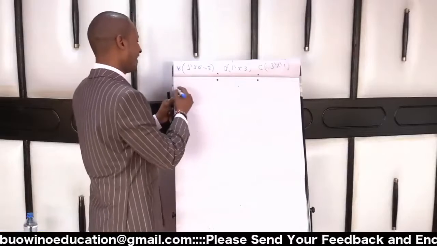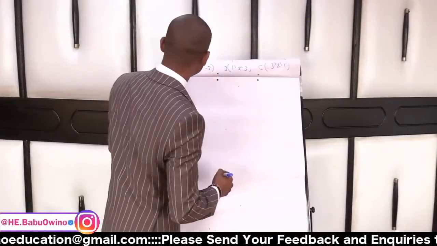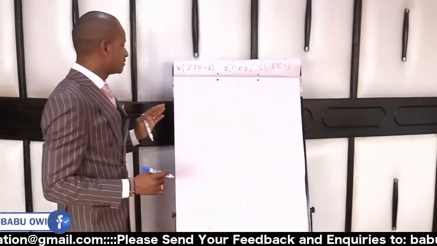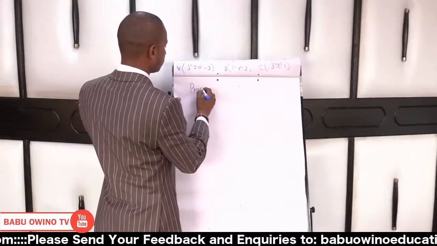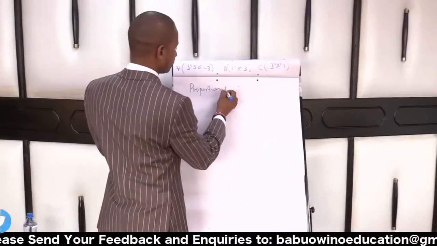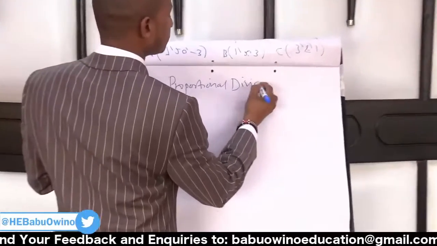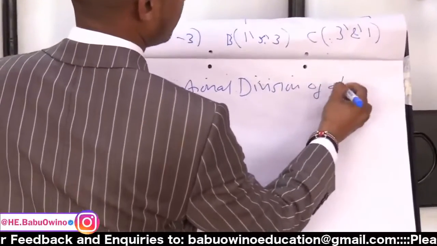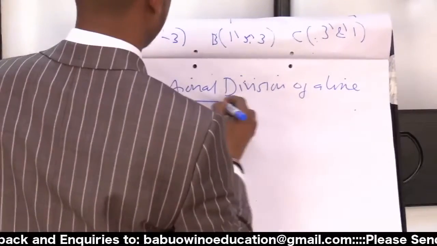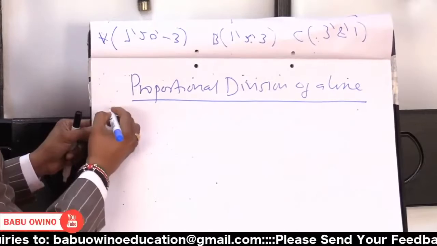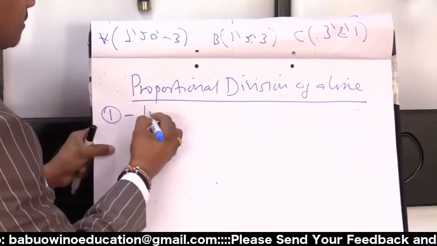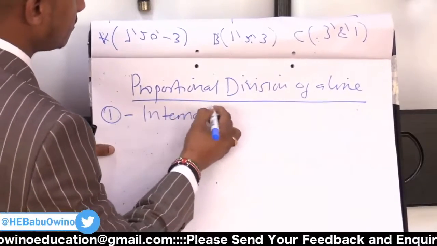So after that class, we go to proportional division of a line. Proportional division of a line can be divided into two. One, a line can be divided internally.